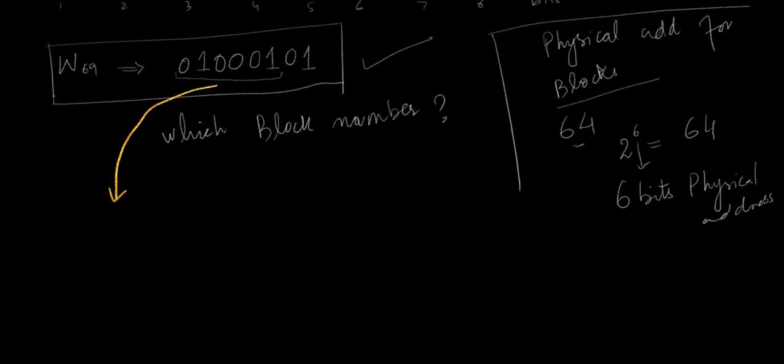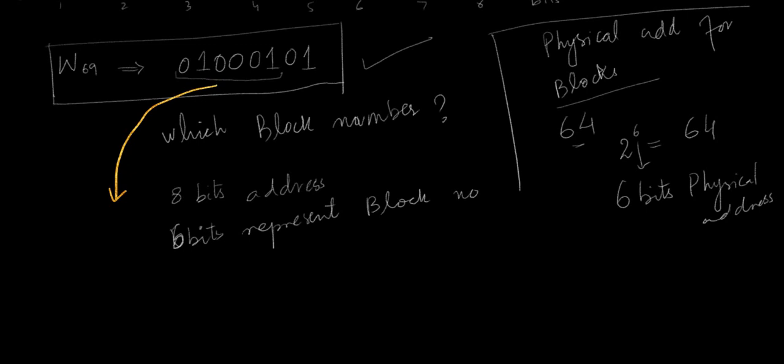Because my block address is a 6-bit address, my whole address is divided in such a way that if you have an 8-bit address, 6 bits represent the block address or the block number.